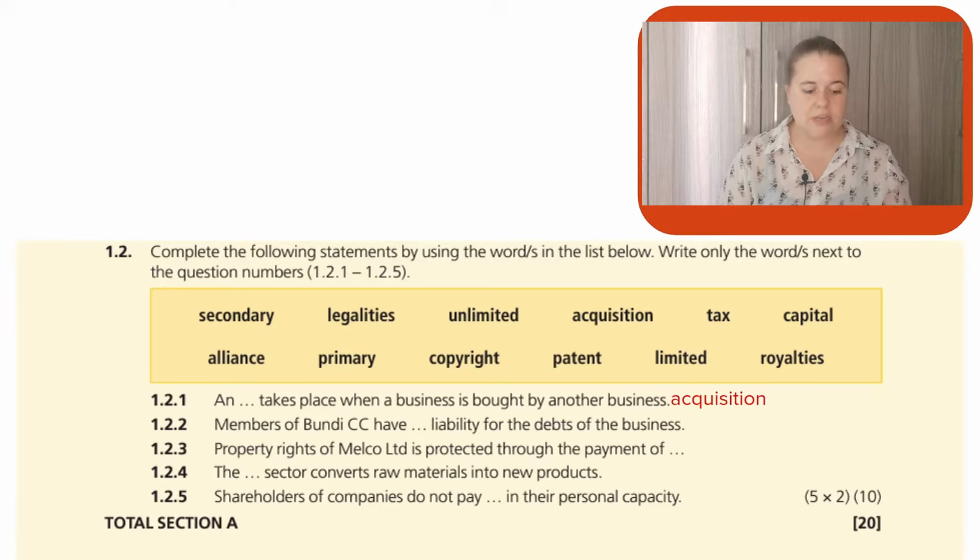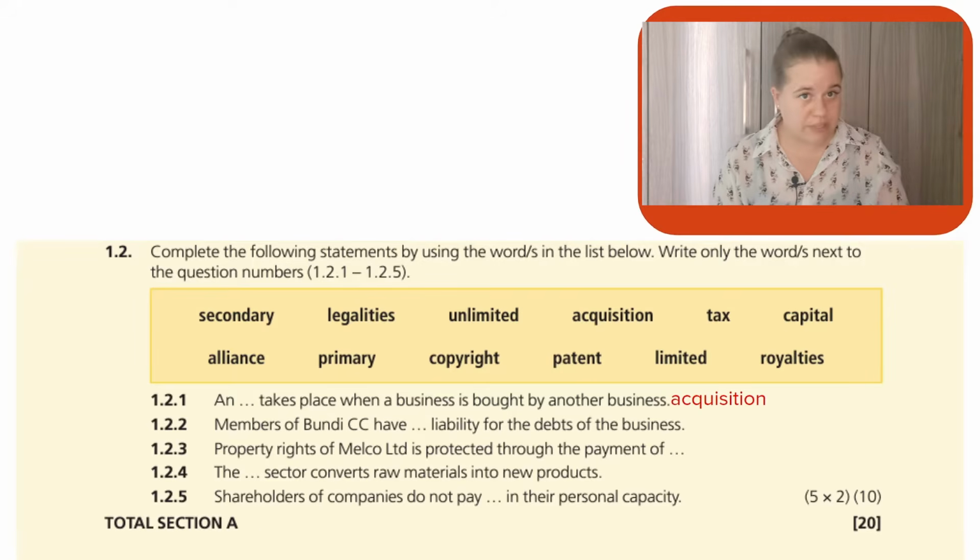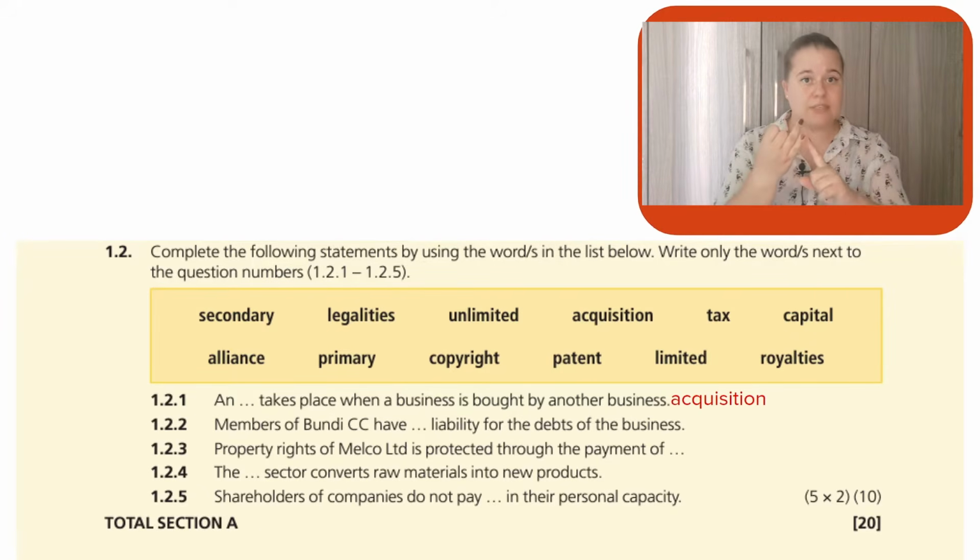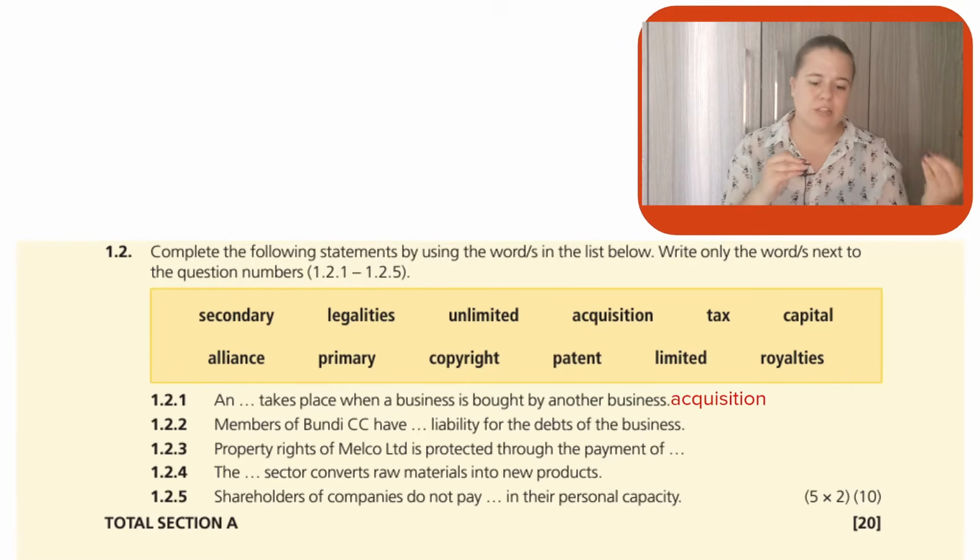The answer is acquisition. Okay, remember, if I'm buying your business, I am acquiring your business. And according to the notes, with acquisition, it's when you buy a business at an agreed price. So remember those keywords that you learned. Buy a business, agreed price is going to give it away to you that this one is an acquisition.